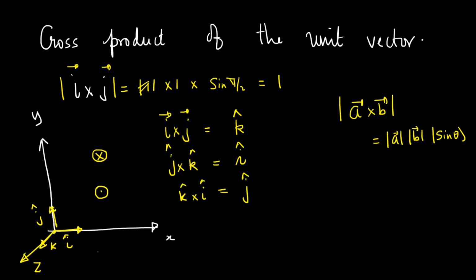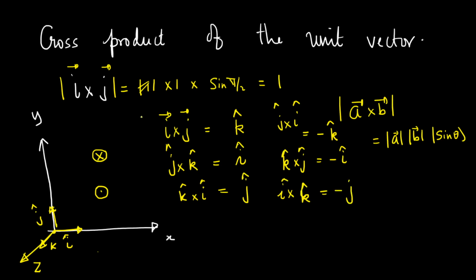Now if you are going to convince yourself, then you can also quickly realize that j cross I will then be minus k, simply because of what we said about I cross j being equal to minus of j cross I, and similarly k cross j is equal to minus I, and I cross k, I'm just looking at the left hand side, is equal to minus j.